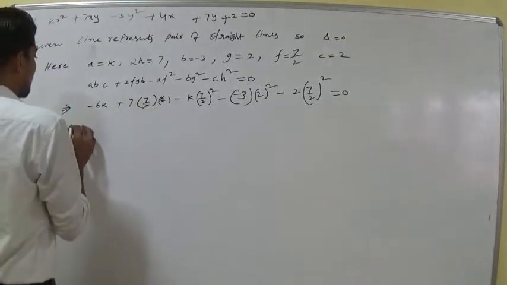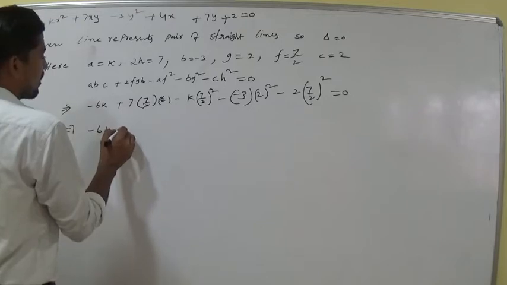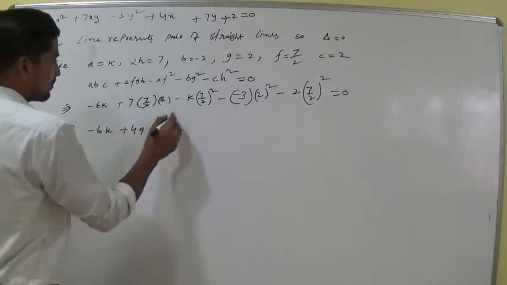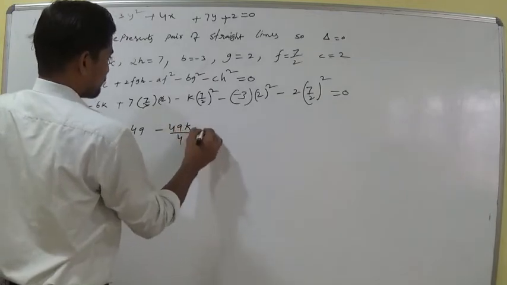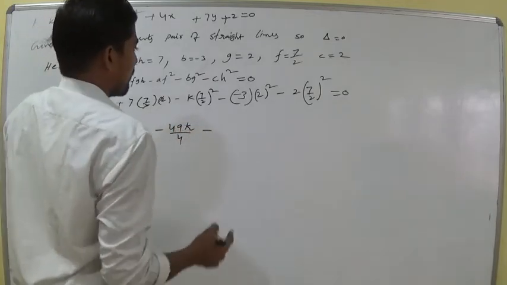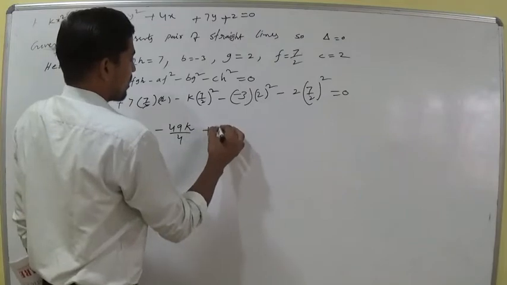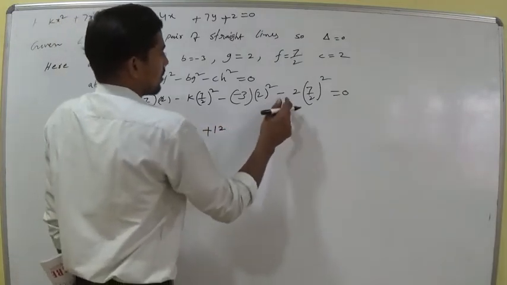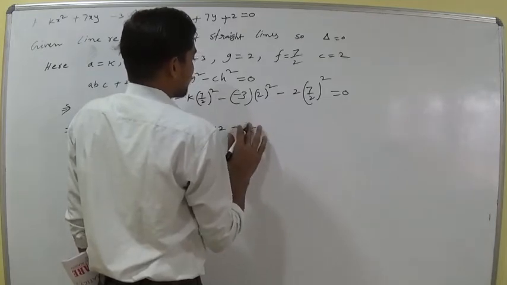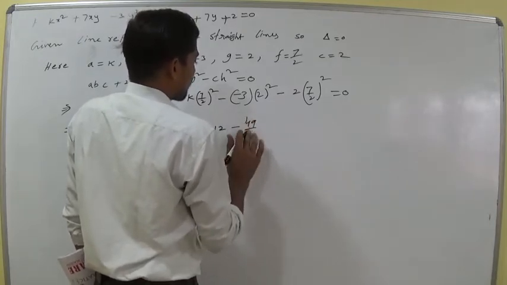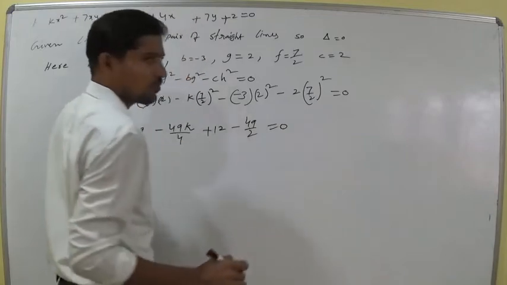So minus 6k plus 49 minus 49k by 4 plus 12 minus 49 by 2 equal to 0.